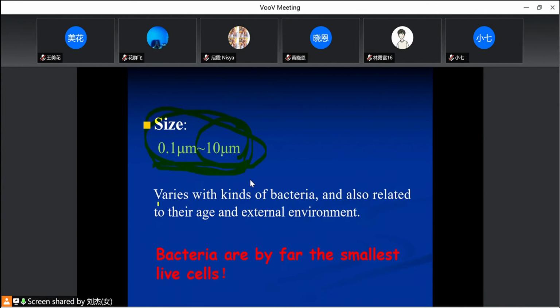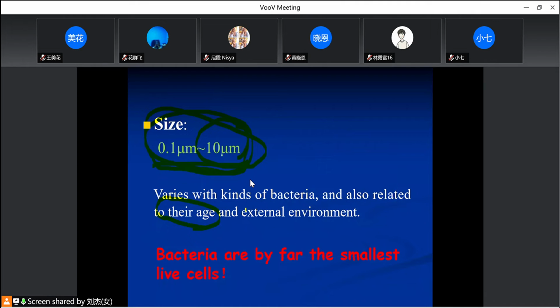So the size of the bacteria varies with the kind of bacteria. Different kinds of bacteria have different sizes, and it is also related to their age. You know, bacteria, just like human beings, also have an age. However, their lifespan is very short. Only some of them live just a few hours. Some of them can live for a couple of hours or something like this.